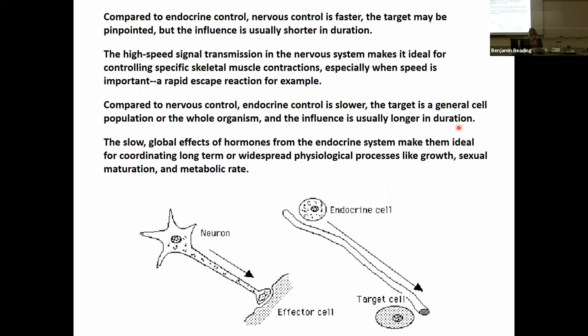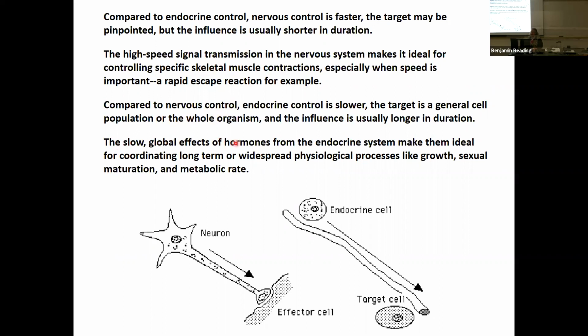So for instance, when we talk about gametogenesis and reproduction, the endocrine system might tell the female fish to produce eggs, and it takes the fish months to produce eggs. So this hormone signal can persist in the organism for months while the female produces eggs, whereas here, the muscle contraction occurs in a fraction of a second. So very rapid, versus very slow and long term.